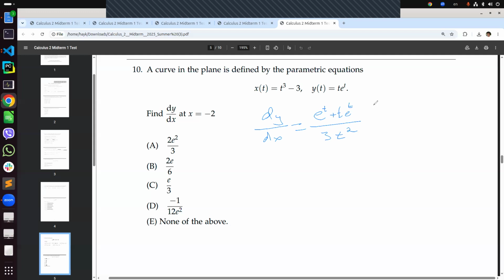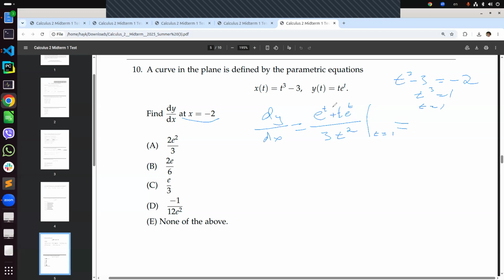And our goal is to calculate at x equals minus 2, and we have only t, not x. So for x equals minus 2, we have to identify the corresponding t. So t cubed minus 3 equals negative 2. t cubed equals 1, t equals 1. So we have to calculate this at t equals 1.